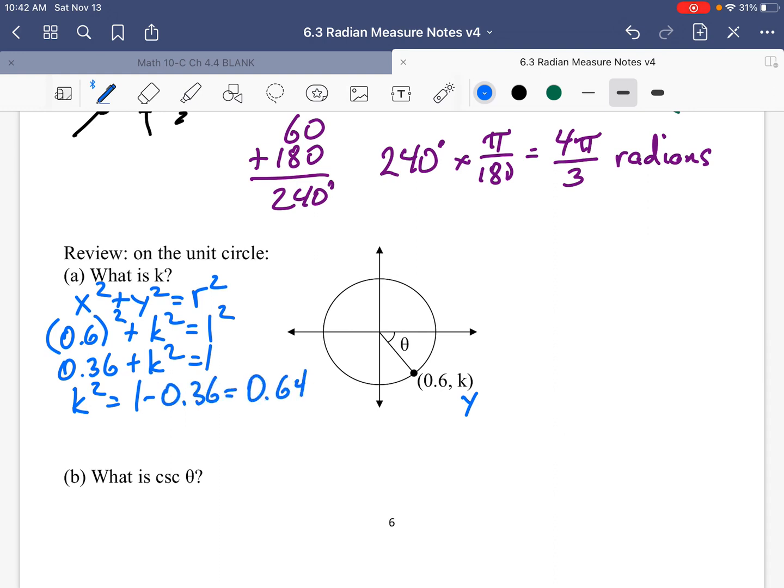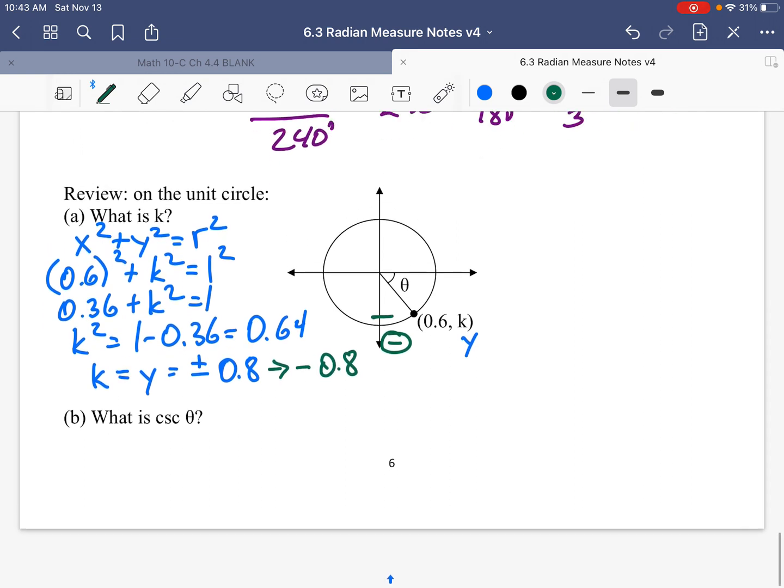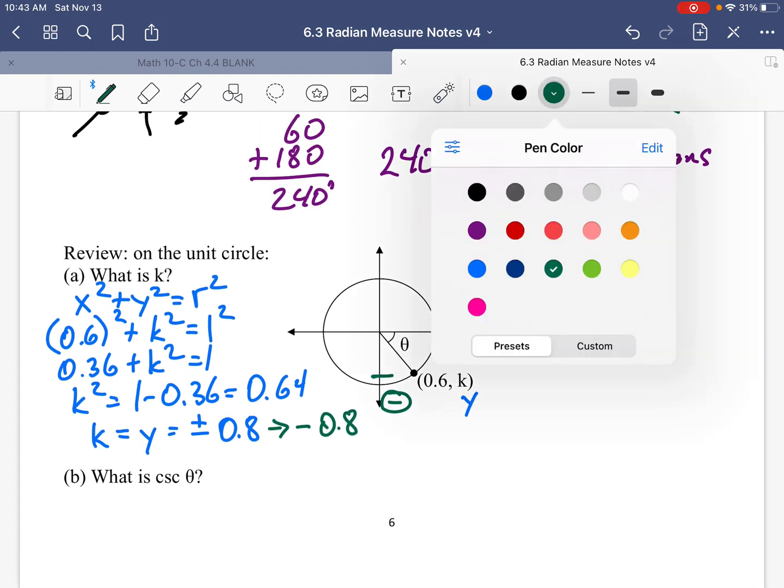K squared is 1 minus 0.36, which is 0.64. So k, which is y, is plus or minus 0.8. Now, what's the value here? Well, notice we're in the fourth quadrant where y is negative, which means negative 0.8 is our y value.